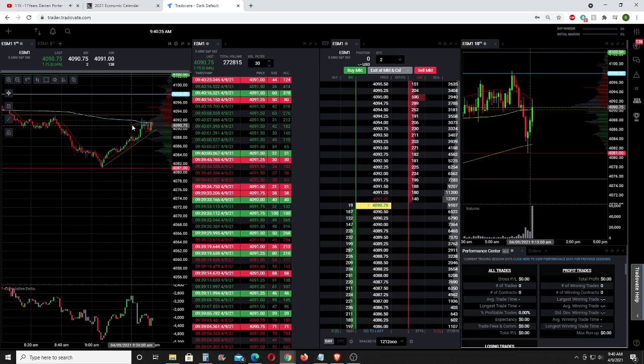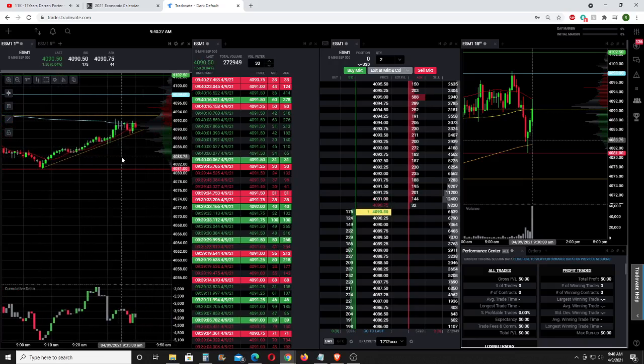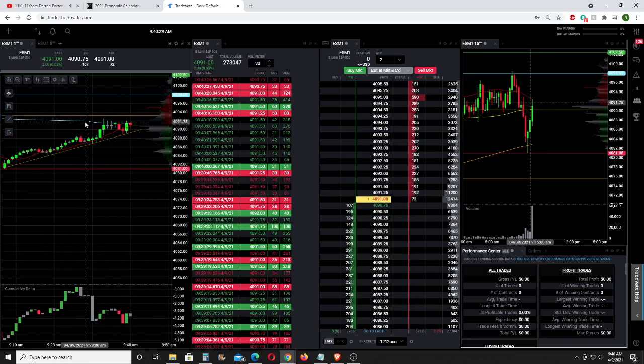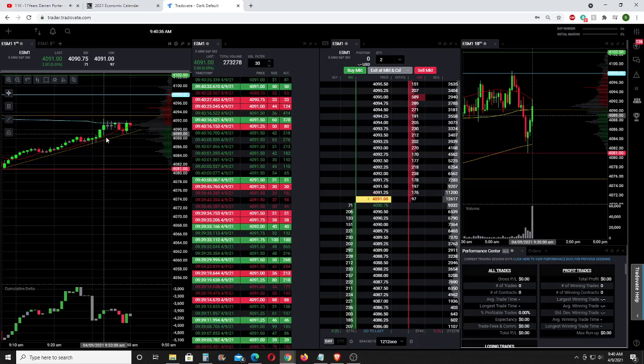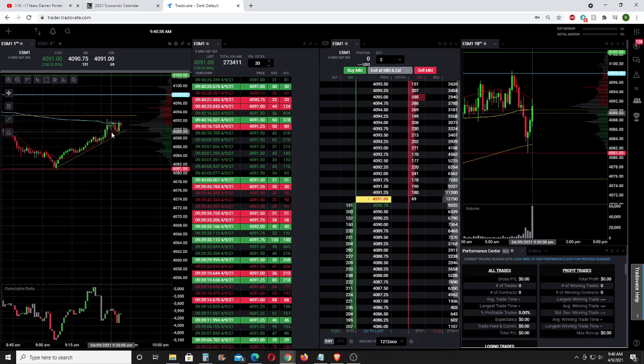This VWAP, as you can see by this chart, how much they're respecting this VWAP here. Still a little bit of indecision because it still hasn't crossed definitively over the VWAP here.